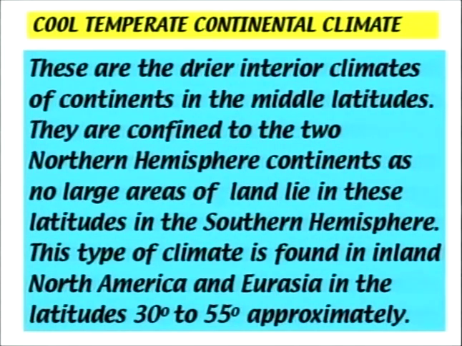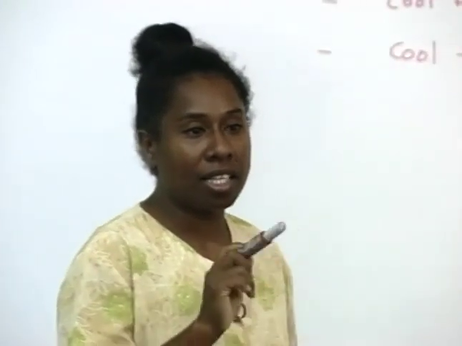Because generally there is more land in the northern hemisphere than in the southern hemisphere. We note this type of climate is found in inland North America and Eurasia in the latitudes between approximately 30 degrees and 55 degrees north. So when we go over to the map, you will find that in the shaded areas there is none in the southern hemisphere, because there is more land in the northern hemisphere than in the southern hemisphere.